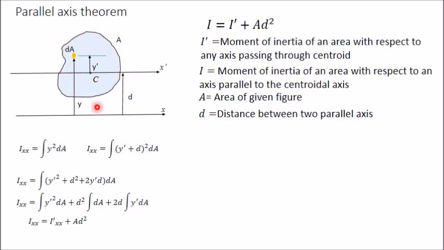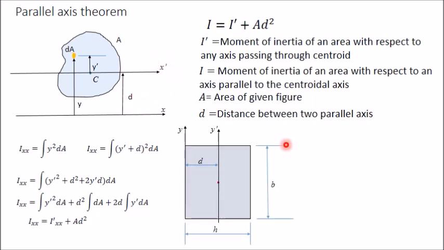Suppose I want to determine the moment of inertia of this area with respect to an x-axis, any x-axis, for which the moment of inertia is minimum, then definitely that axis will be this axis, because any other axis you take upside or downside, its value will be more than the x dash axis.